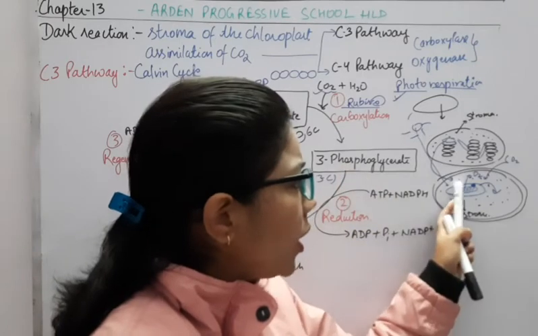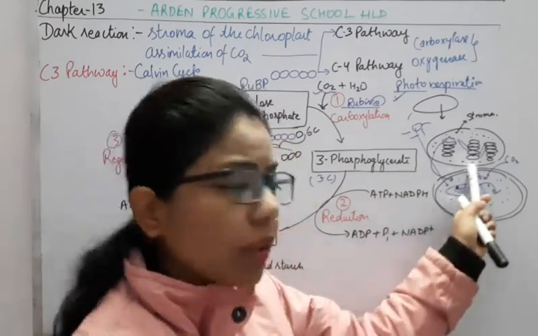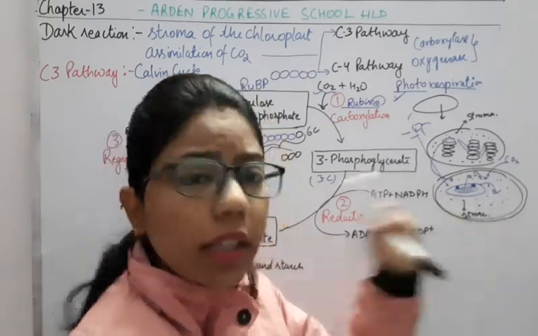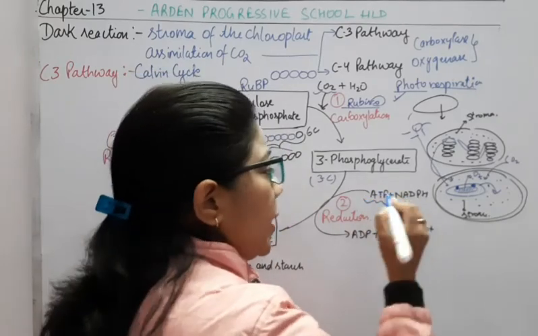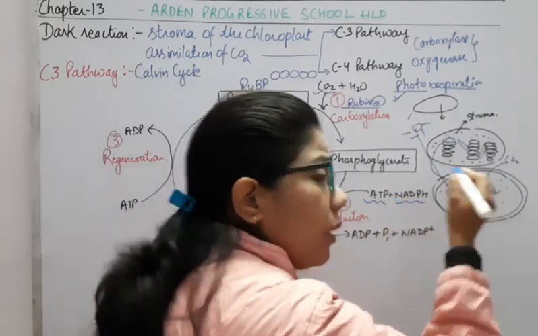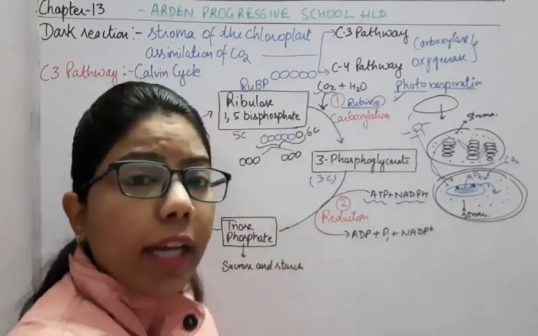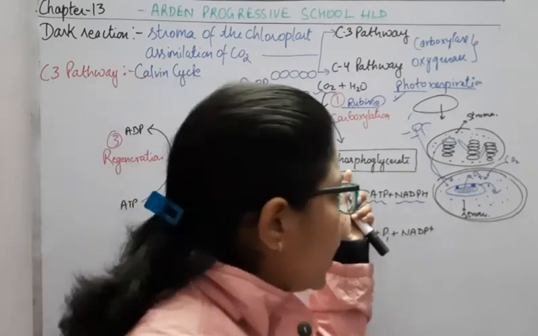Okay, so during the light reaction, what happens again? There will be removal of oxygen outside, and release of ATP and NADPH outside in the stroma. So what will happen in this reaction? The energy ATP and NADPH which is coming from the thylakoid membrane after the light reaction will get attached with this 3-carbon compound, that is 3-phosphoglyceric acid.